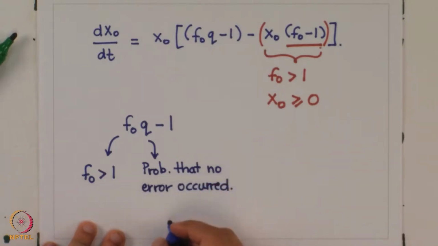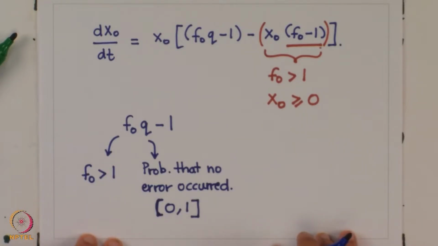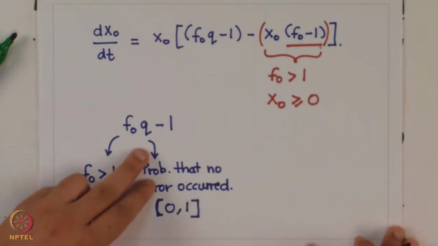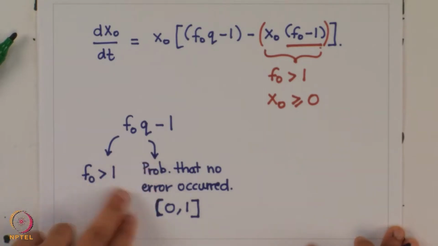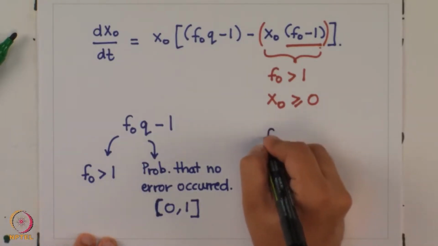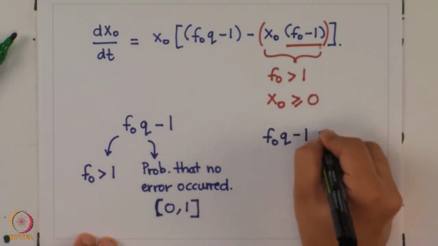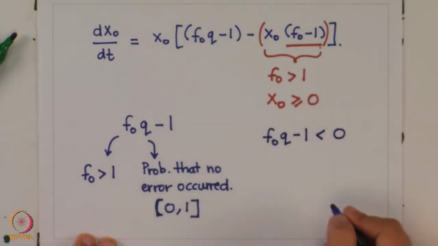If this is a probability, then this is a number between 0 and 1, which means f naught q minus 1 could be greater than 0 or less than 0, depending on the value of q, because f naught for sure is more than 1.